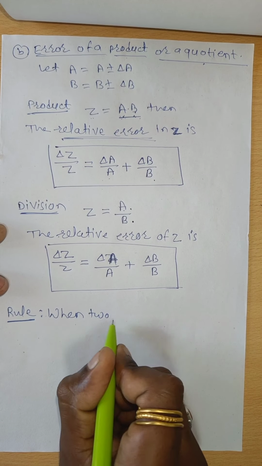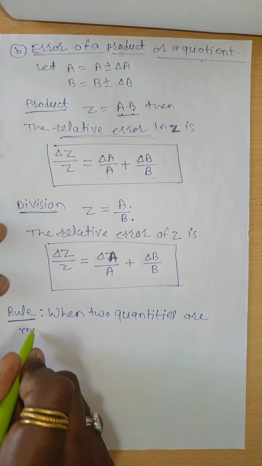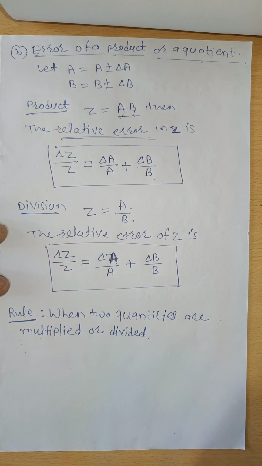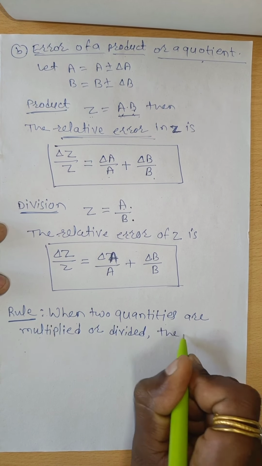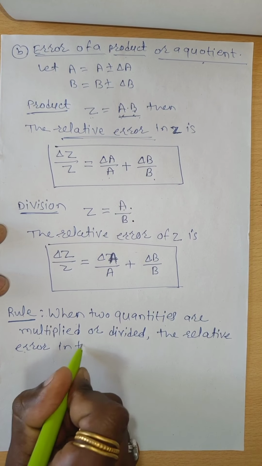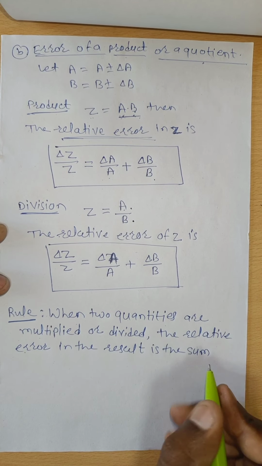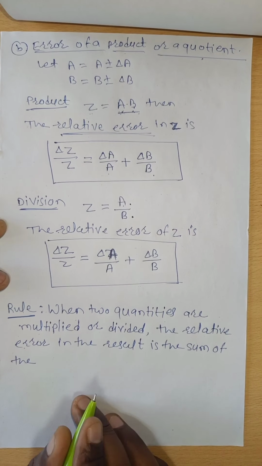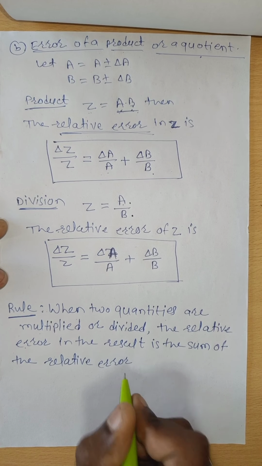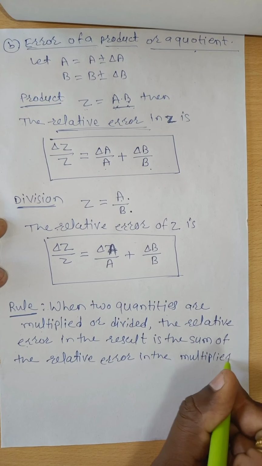Therefore, the rule for the combination of errors for multiplication and division is that when two quantities are multiplied or divided, the relative error in the result is the sum of the relative errors in the multipliers.